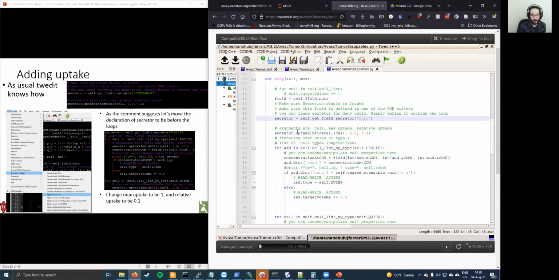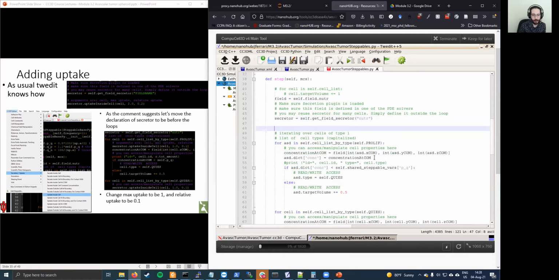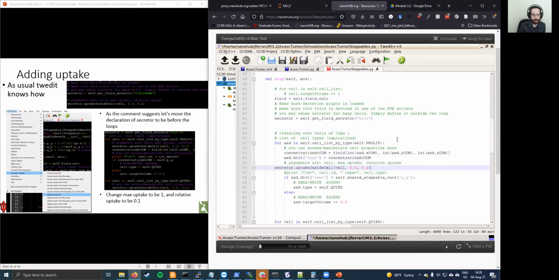And then I'm going to cut this command here to be inside of the loop. And indentation matters, so putting that in. And on my slides, I have that I set the max uptake to be 1 and the relative to be 0.1. So I'm going to keep that.